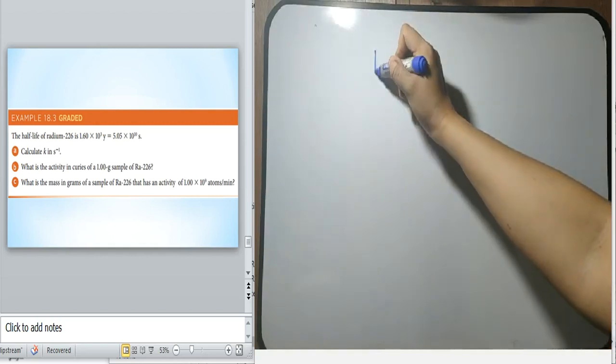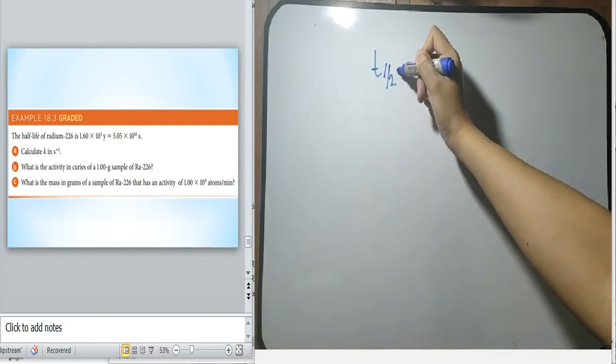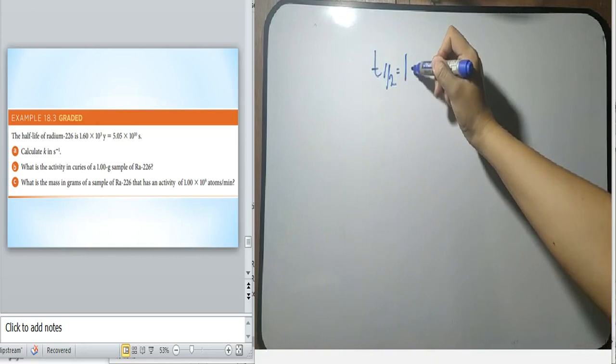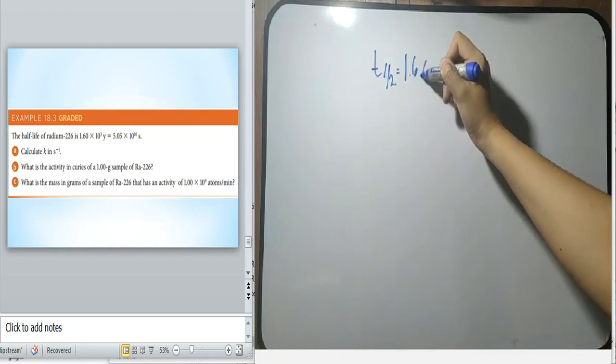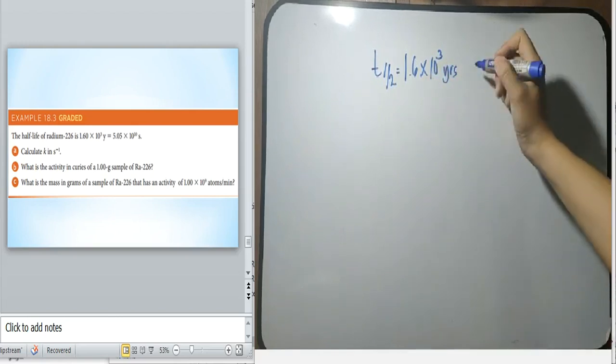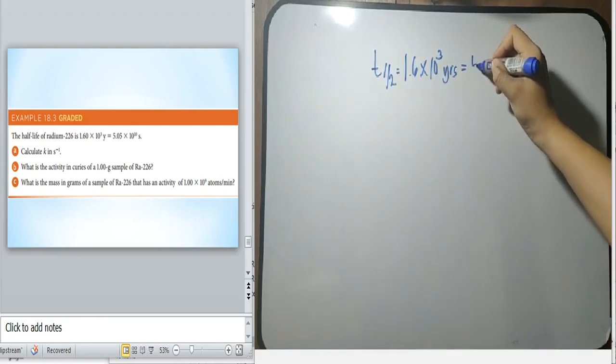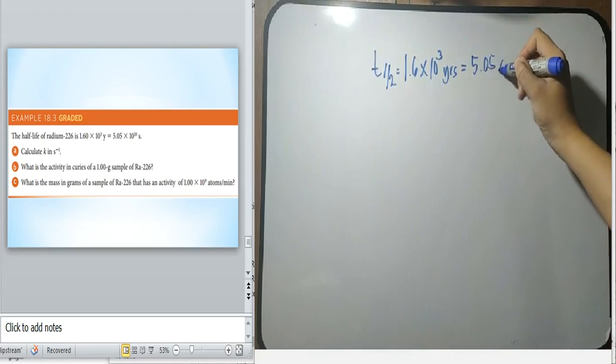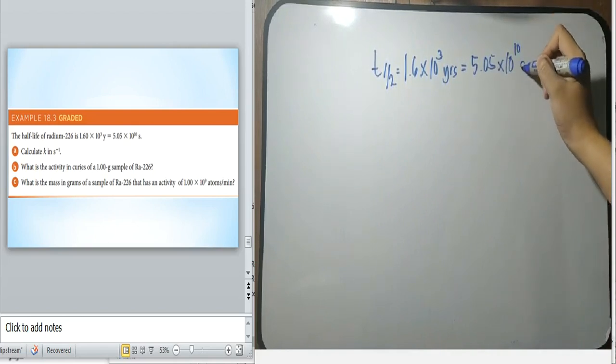So again, we are given the half-life, T 1/2, of 1.6 times 10 raised to 3 years, or 1,600 years, which is equivalent to 5.05 times 10 raised to 10 seconds. Again, the T 1/2, or the half-life, is the time where our species is cut into exactly half.